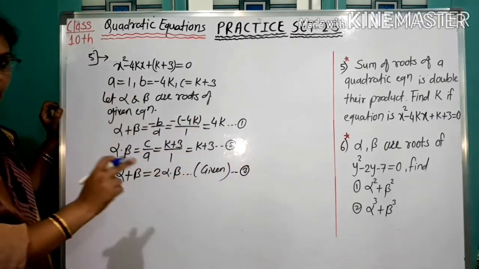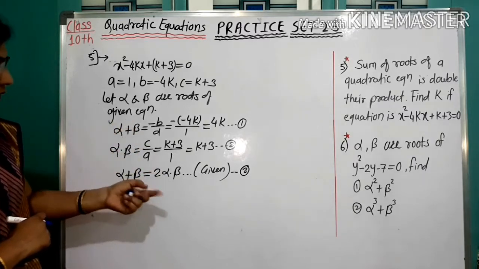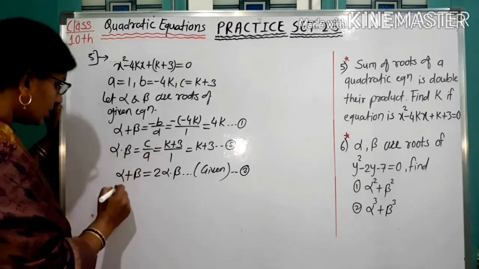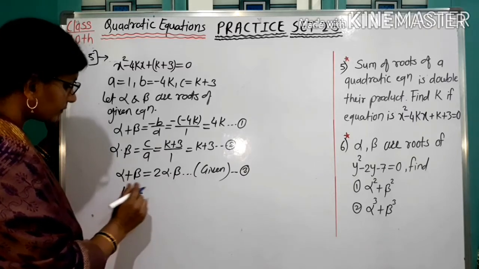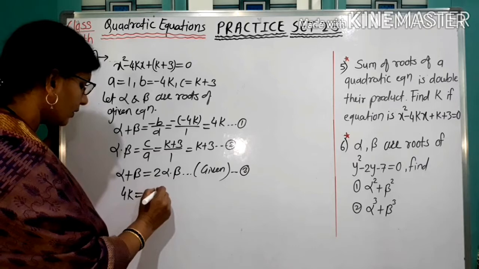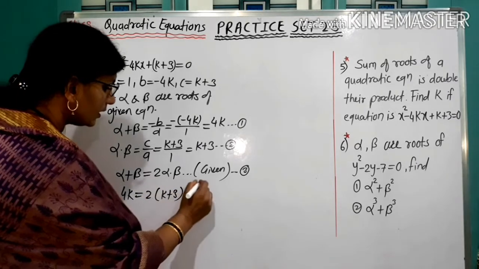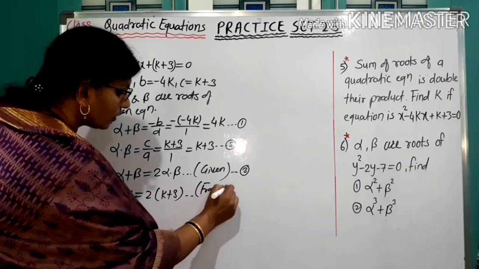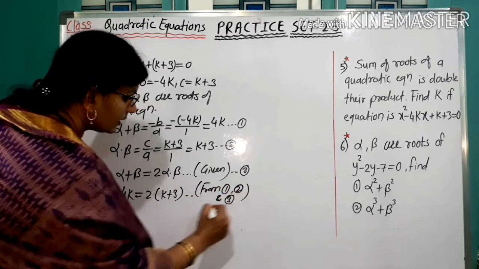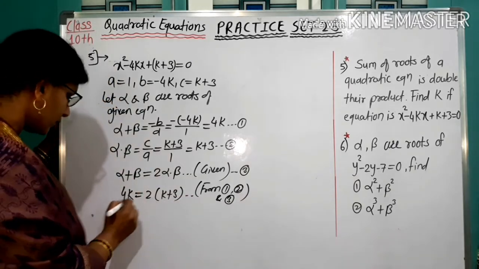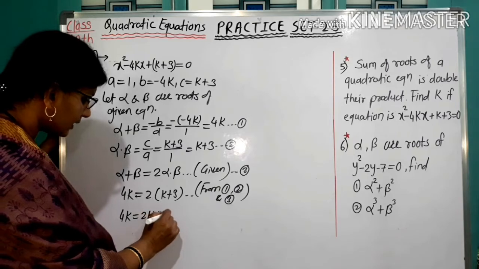From 1, 2 and 3, put the value of alpha plus beta and alpha into beta in 3. Alpha plus beta equal to 4k, alpha into beta equal to in bracket k plus 3. If we solve this, 4k equal to 2 into (k plus 3).